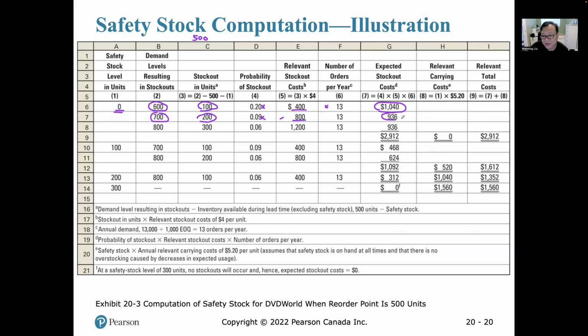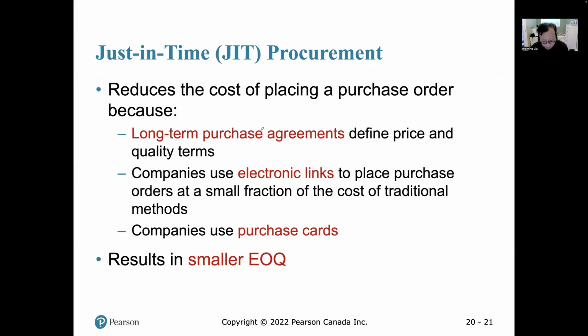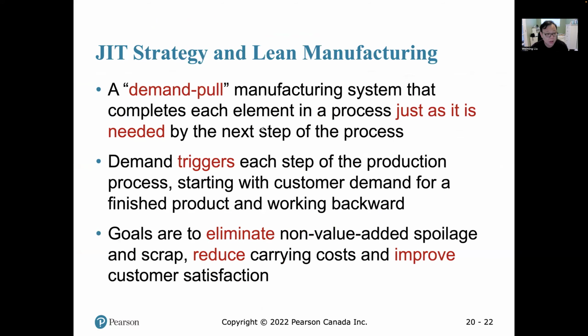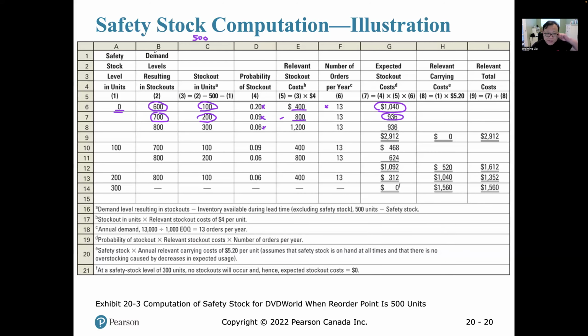So that's 936. Same idea, you may have a 6% chance that the sales demand is actually 800. You need to stock out an additional 300, and the cost will be 1,200 per order, times 13 orders times 6%. So that's 936.